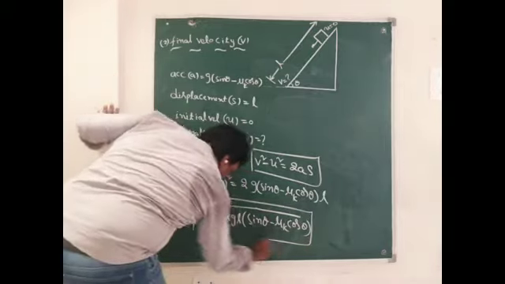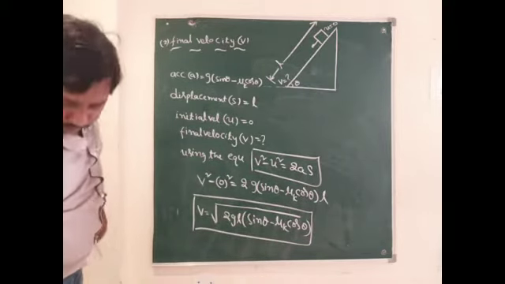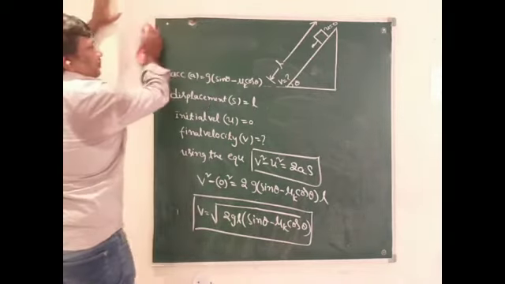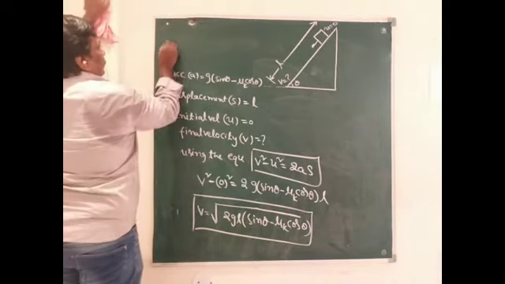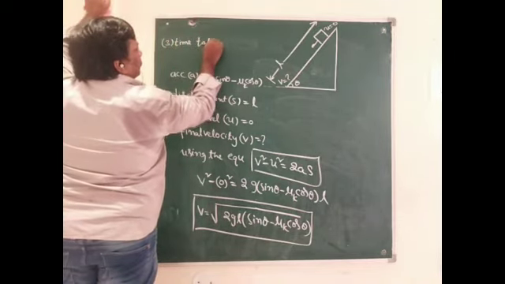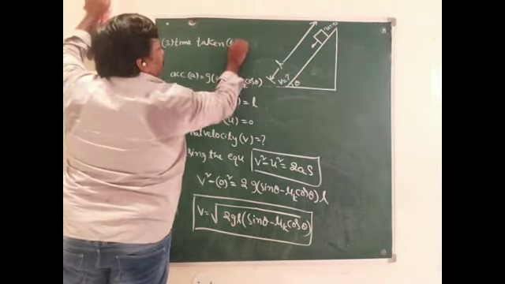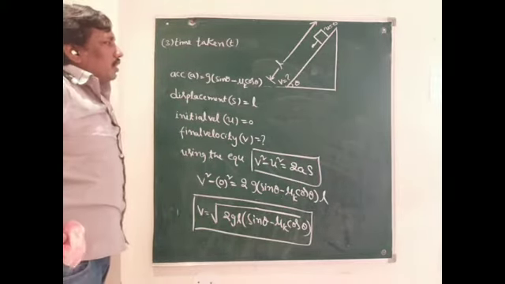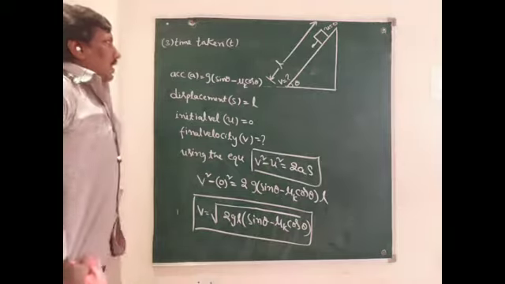Now we can find out the time taken. The third point is time taken. Here the body is sliding down to reach the bottom of the inclined plane.